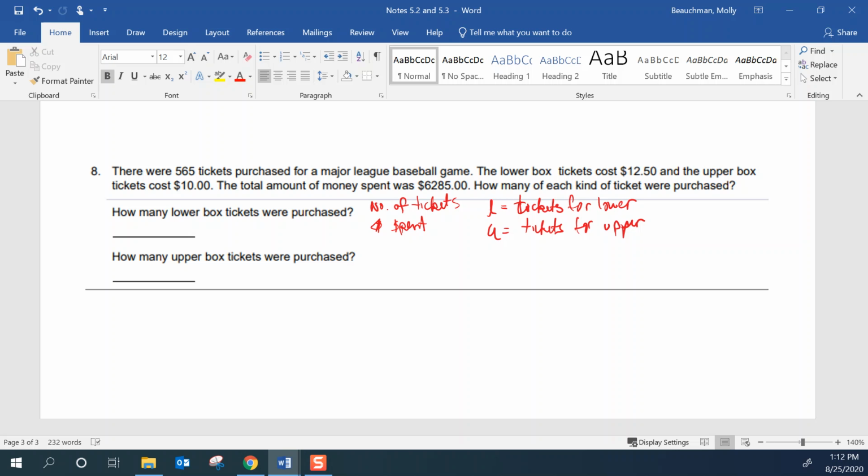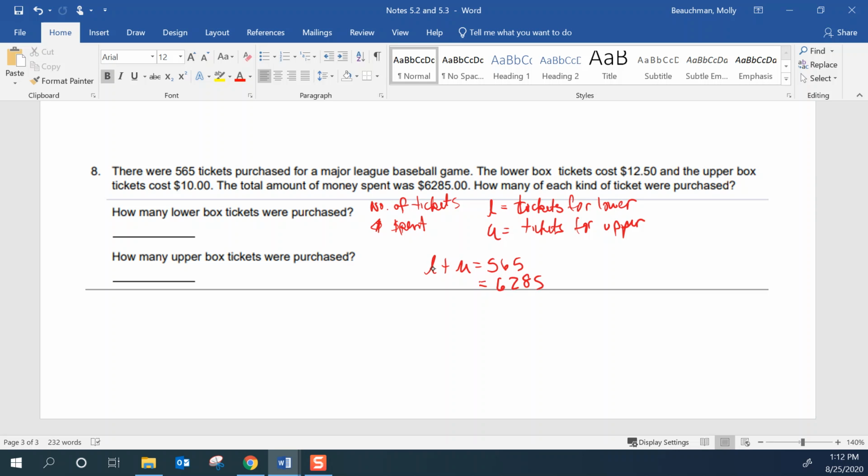So when we talk about our two equations, one of them has to do with the number of tickets. I know total there are 565. So lower plus upper equals 565. So that's one equation. The second is, I know the total amount of money, $6,285. So now I go back.